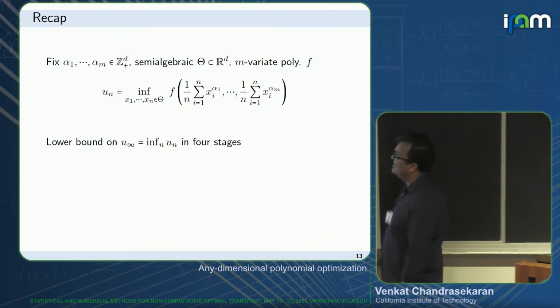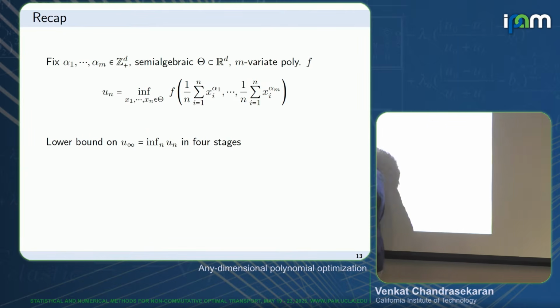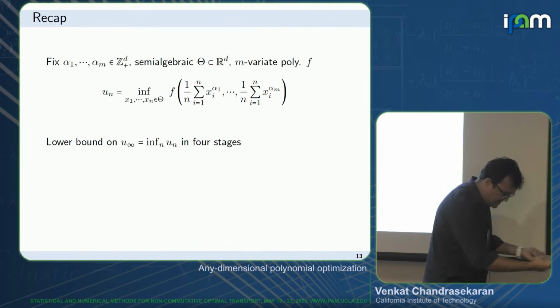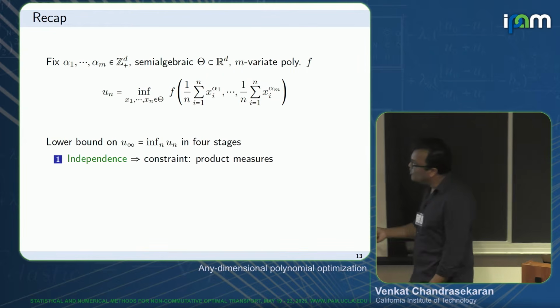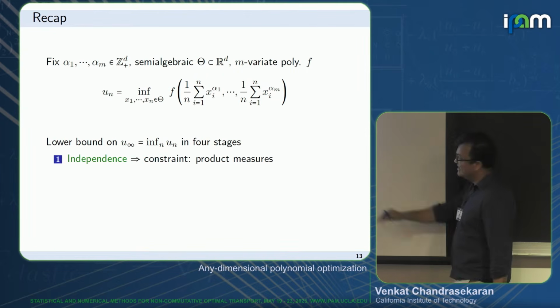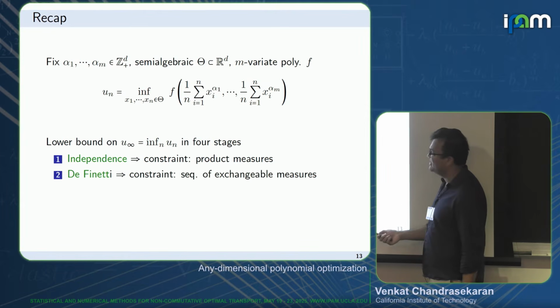Good. Let's do a quick recap. This was our original problem. I've stated the UNs, not the U infinity, just each problem in the sequence. We have a lower bound on U infinity in 4 stages. The first step used independence, so we had product measures.